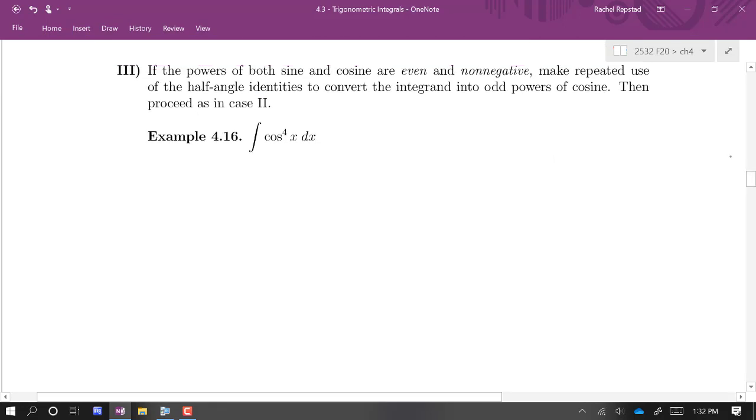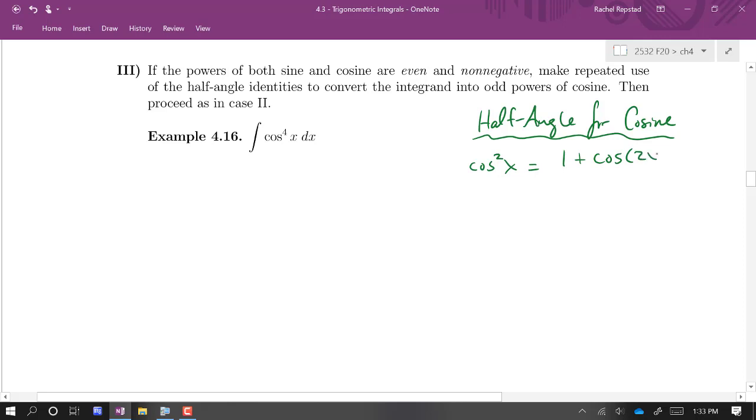Let's do some of this work. So the half-angle identity looks like this. Cosine squared x is equal to (1 plus cosine of 2x) over 2. Notice that the argument inside the function changes, and we divide by 2.